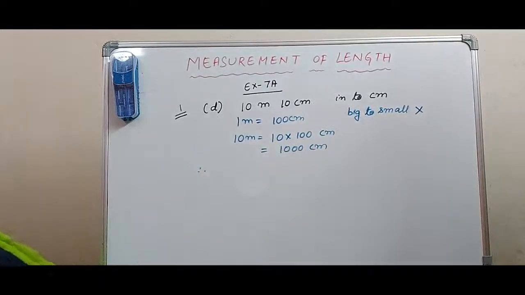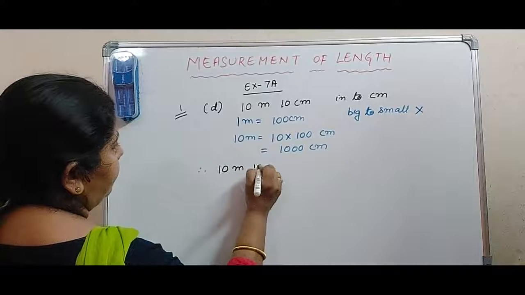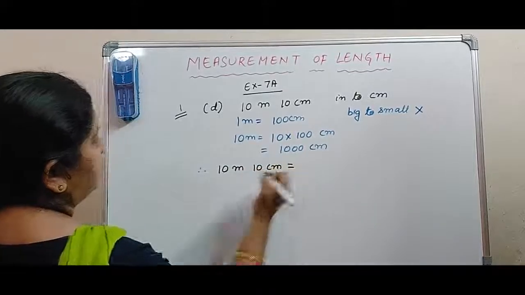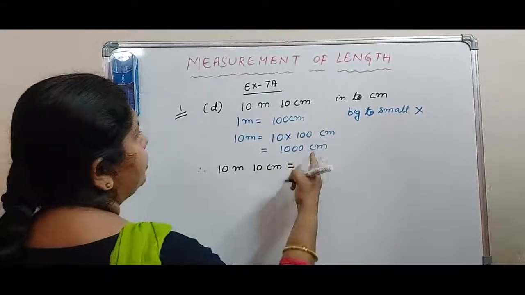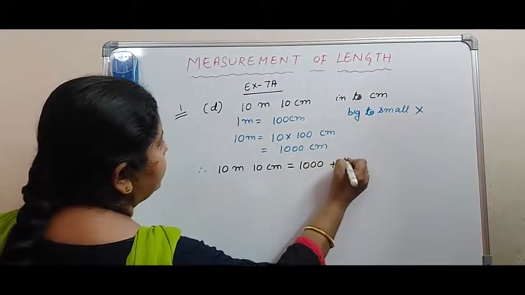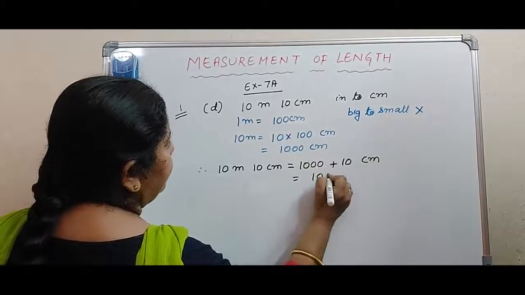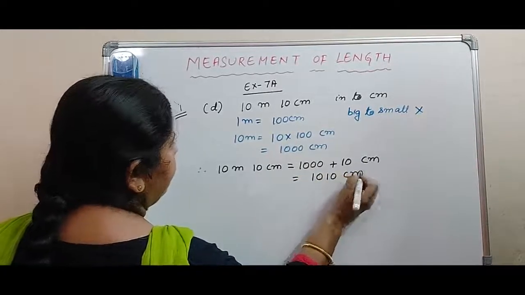Therefore, 10 meter 10 centimeter equals 1000 plus 10 centimeter, that is equal to 1010 centimeter.